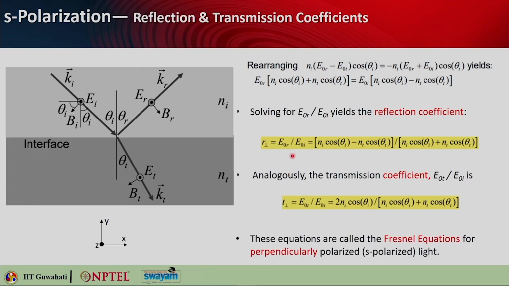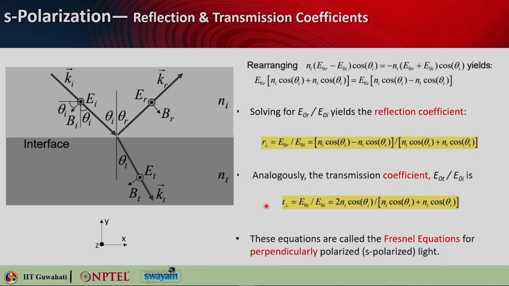So r perpendicular is nothing but E0R over E0I, and that is nothing but the ratio of this over this. So you get Ni cos theta i minus Nt cos theta t over Ni cos theta i plus Nt cos theta t. So this is the equation for reflection coefficient for S polarized light.